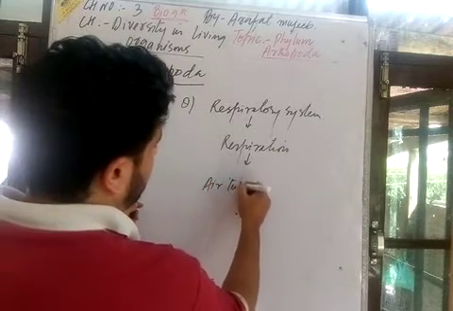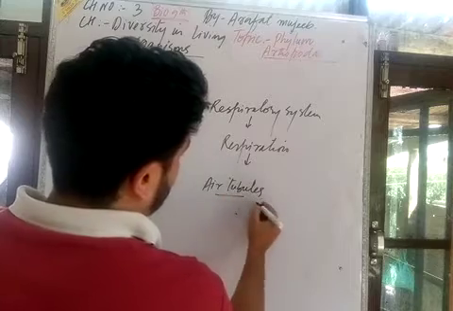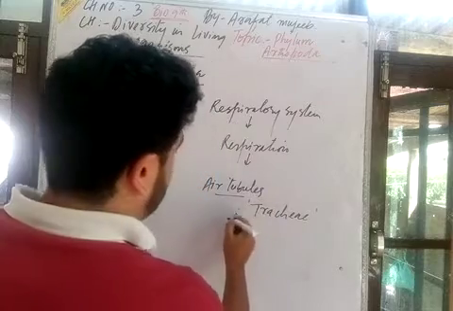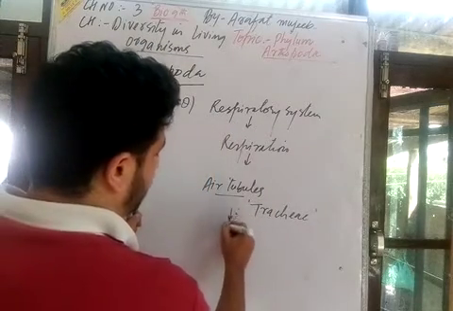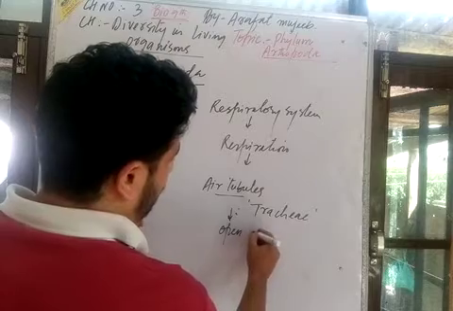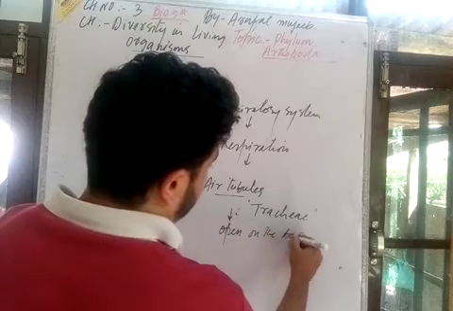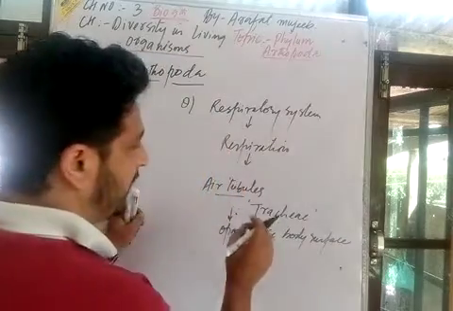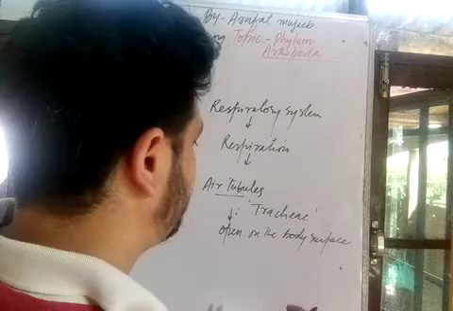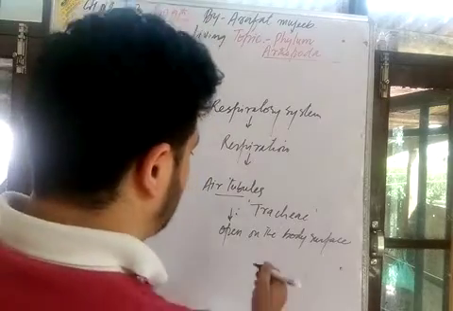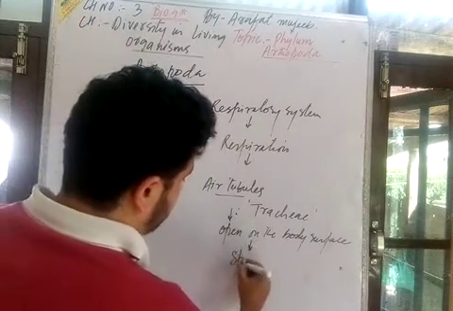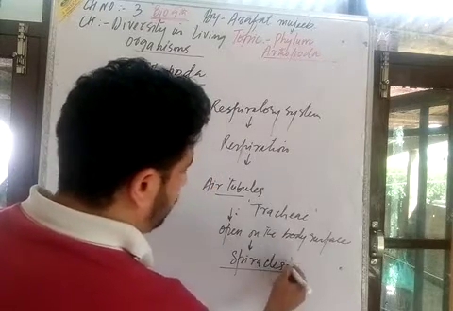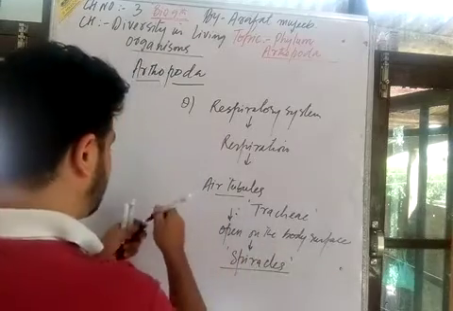They have a network of air tubules which are known as the trachea, and these trachea open on the body surface. आपने पढ़ा होगा on the surface of the insects, in the abdomen part, in the thorax part, they have pores. Those pores are known as the spiracles. They are the tiny openings where there is a gaseous exchange.